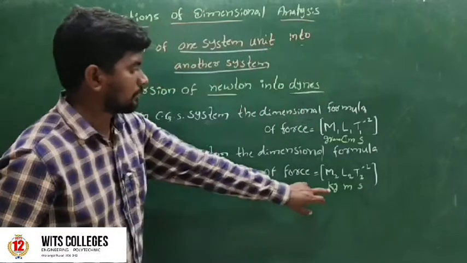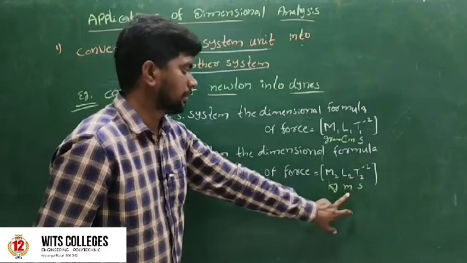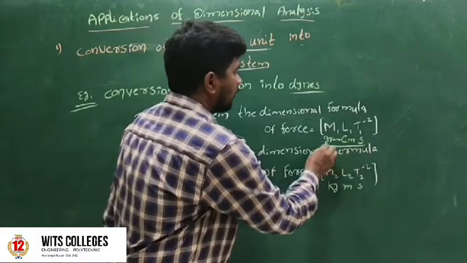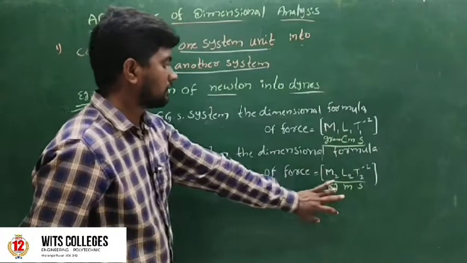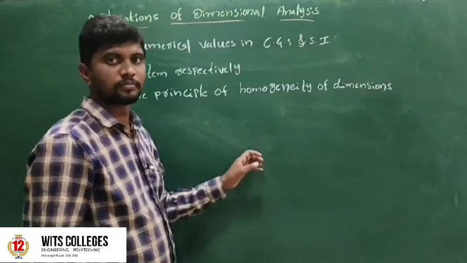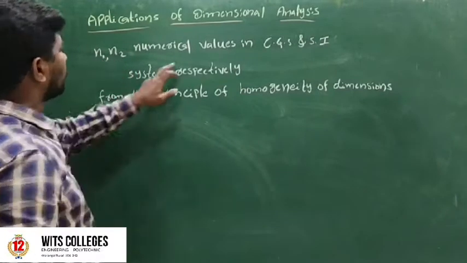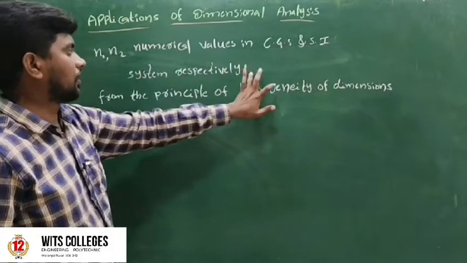The SI unit of mass is the kilogram, of length is the meter, and of time is the second. M1 L1 T1 is the CGS system and M2 L2 T2 is the SI system. N1, N2 are the numerical values in the CGS system and SI system respectively.